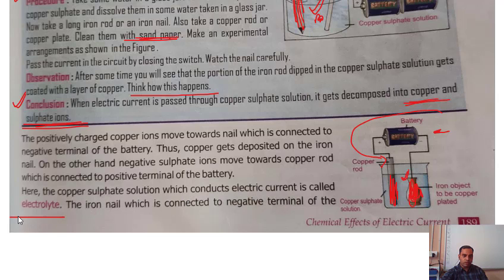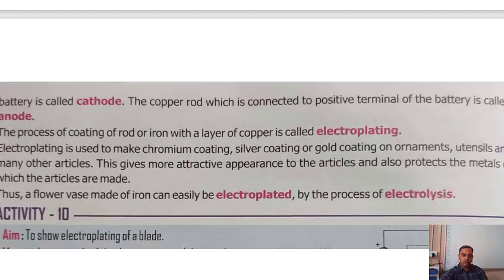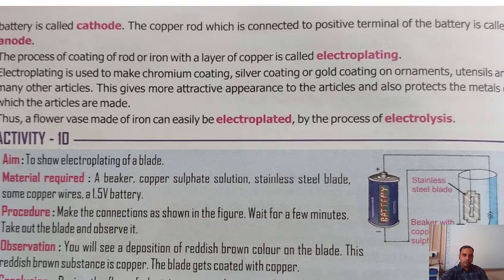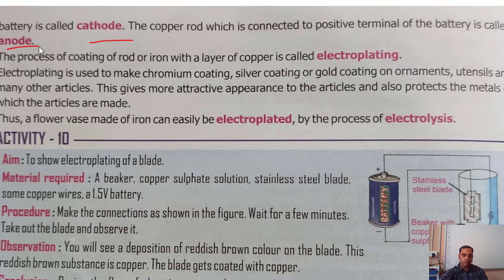Electrolyte is something through which electric current can pass. We have already discussed this one. The iron nail which is connected to the negative terminal of the battery is called the cathode. The process of coating iron with a layer of copper is called electroplating. Okay.